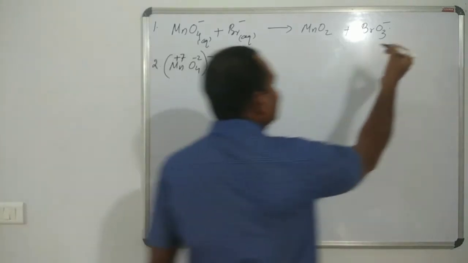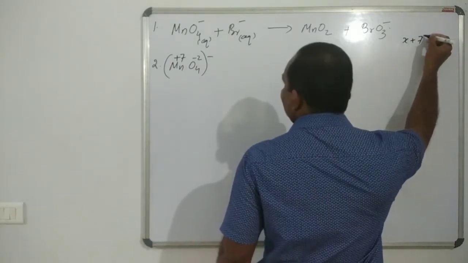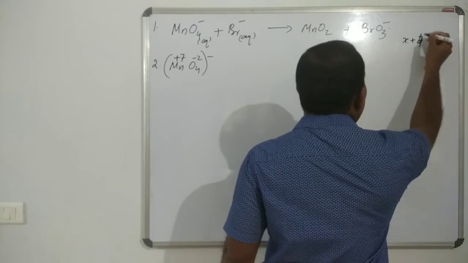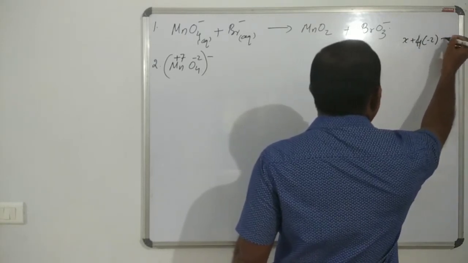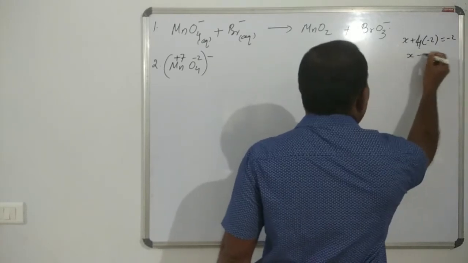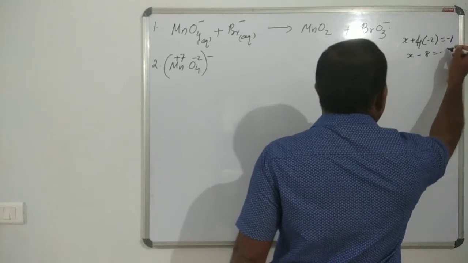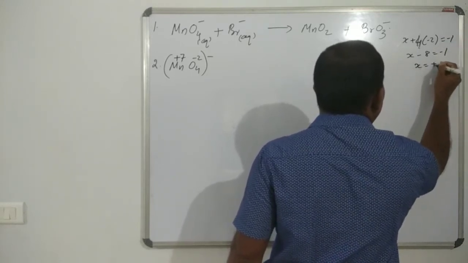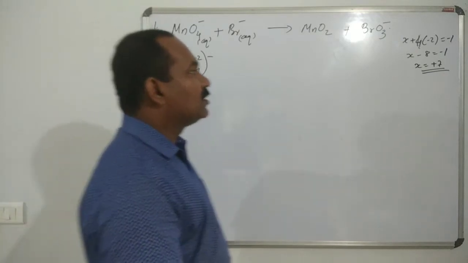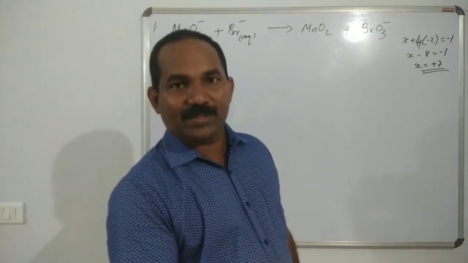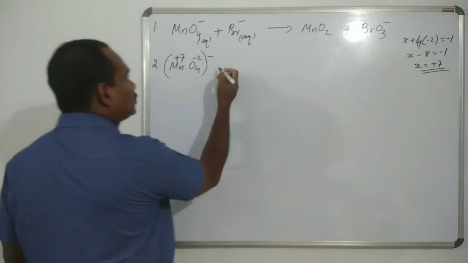Or you write x plus 4 into minus 2 is equal to minus 1, x minus 8 is equal to minus 1, x is equal to plus 7. That is the method usually we do. Mental mathematics also we can apply.